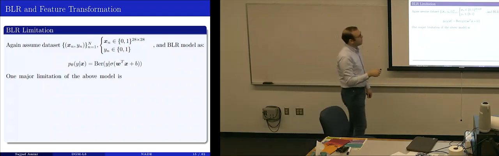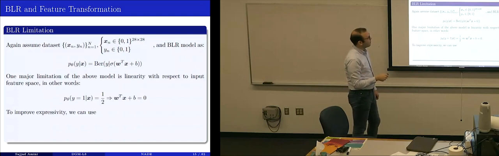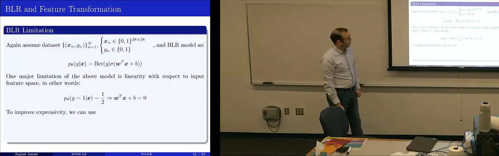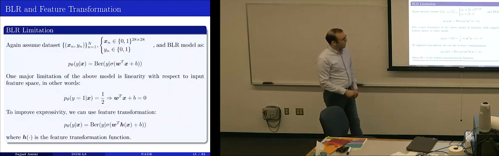This is the BLR model, and the most important limitation is that the line which generates the half probability is a linear line, so you cannot do anything more than linear separation and linearly separable problems.